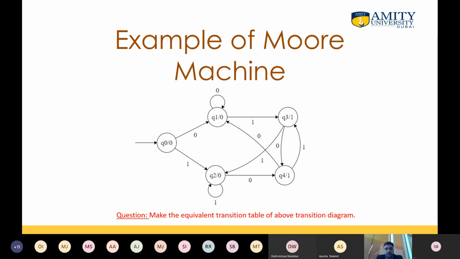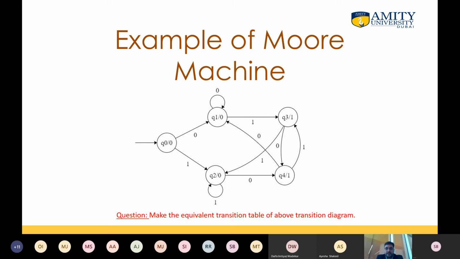For Q4, output is 1. And on the arrows which are showing the transition from one state to other state, we are writing only inputs. Means at Q0, whenever you are giving 0 input, it's reaching to Q1. Q1, 0 input, you are reaching to Q1 only. So it's like that.